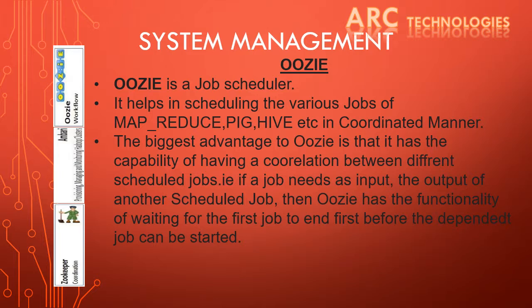That means till the time job A has been completely finished and the system is confident about the entire output, only then will job B start and be fed with the output of job A. This is how Oozie is important. This is how Oozie manages the system.